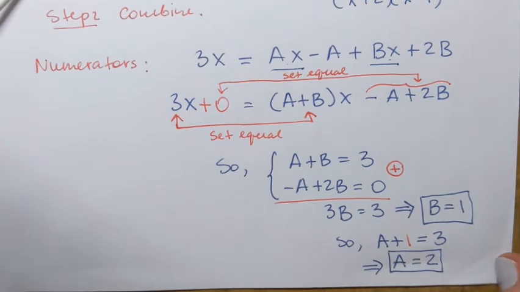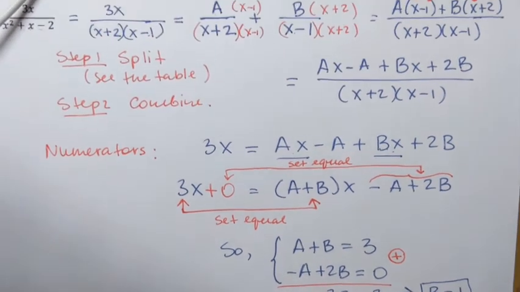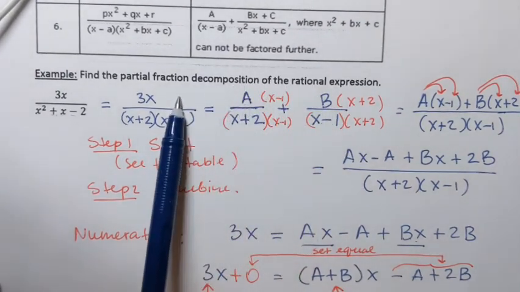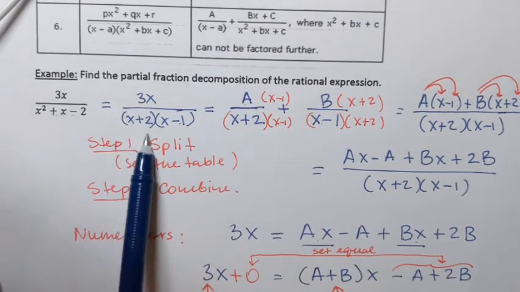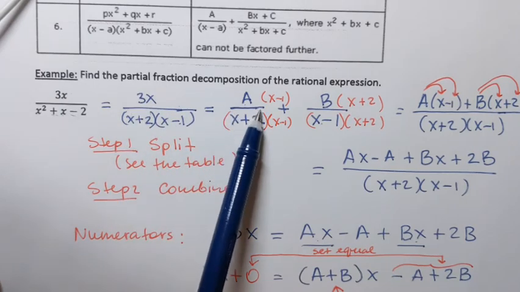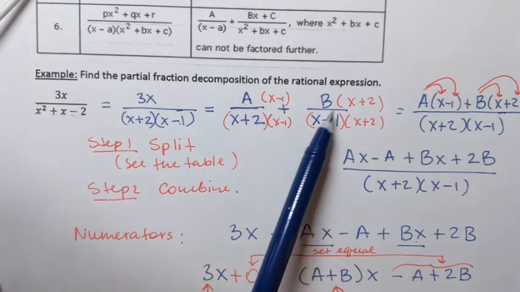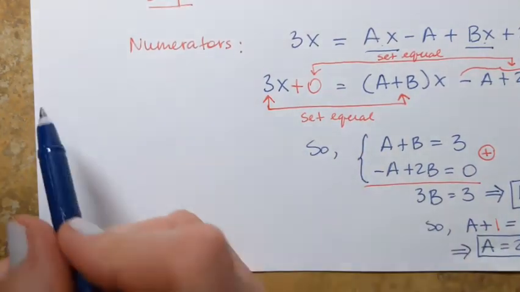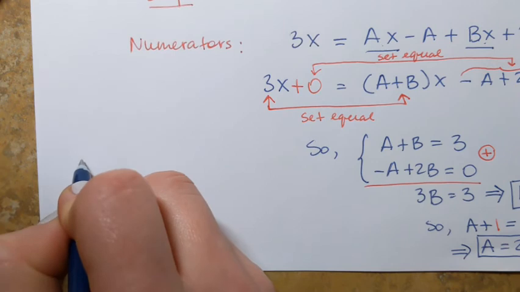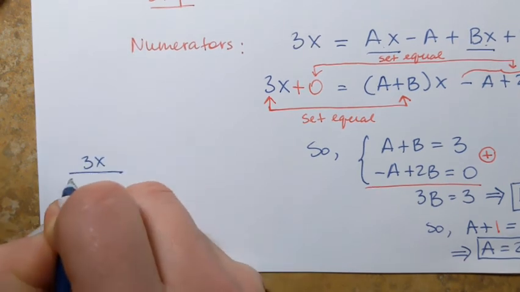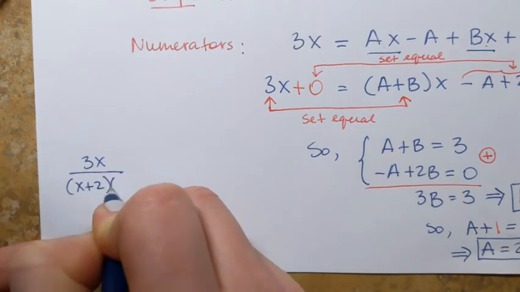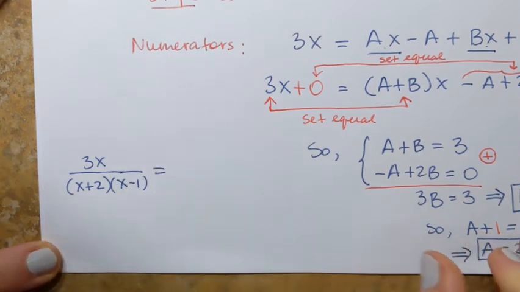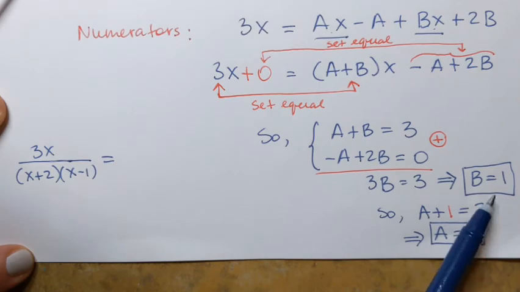And what are those numbers? Where do we put them? Well, we put them over here. Those numbers tell us how we need to decompose or split this rational expression into a sum of two simpler rational expressions. Let me put this together. So 3x over x plus 2 times x minus 1, that's the original one, equals, and then, okay, a is 2, b is 1.